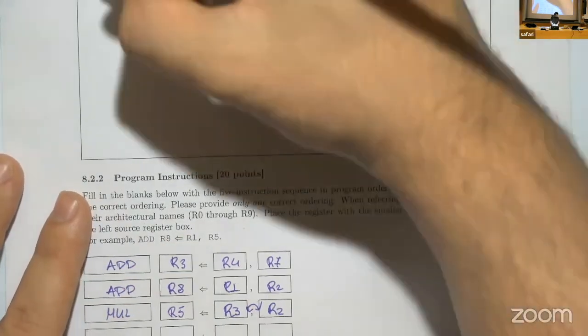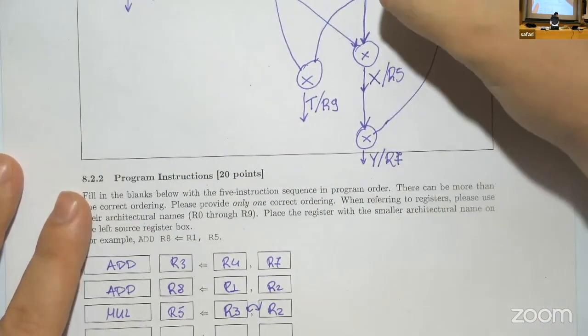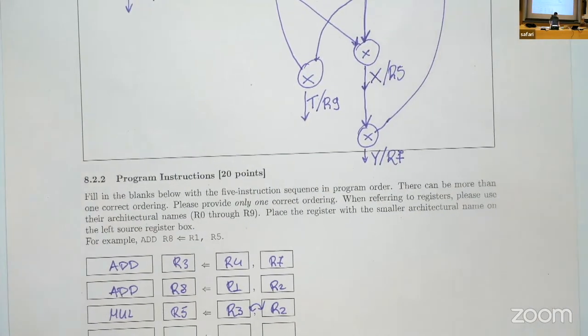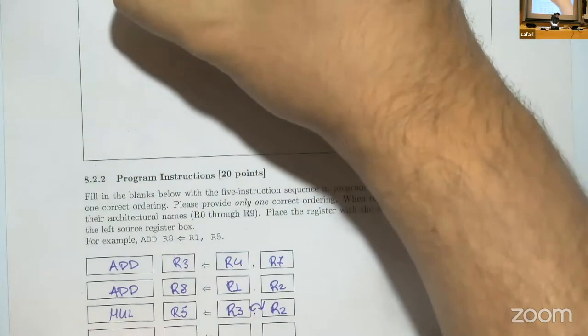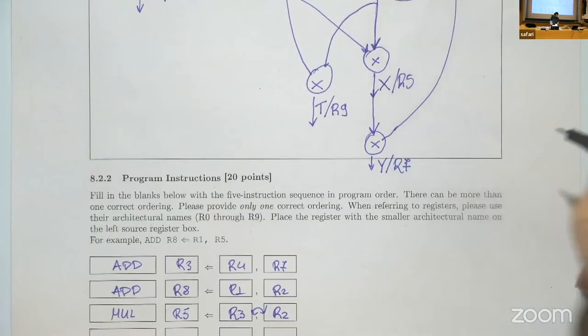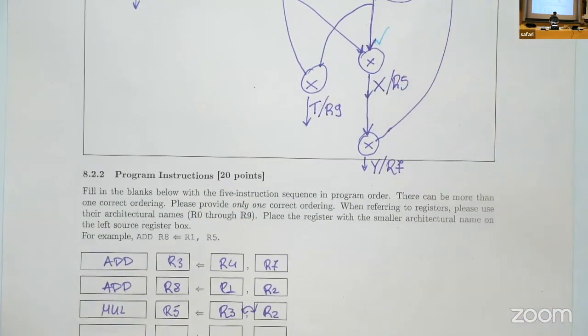And then, so we did this, we did this. Basically, let me color it differently. So we wrote this one, we wrote this one, we wrote this one. Then for sure here you need to keep the order correct, right?